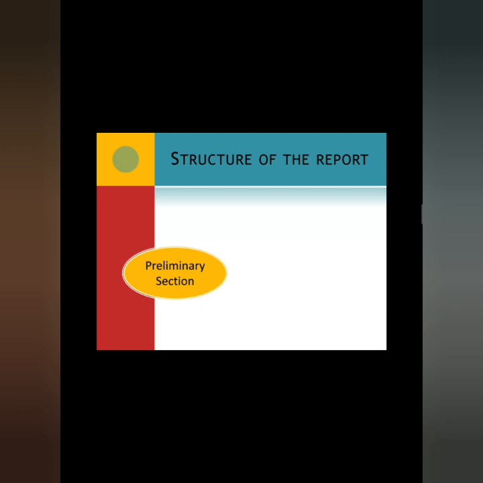So in the preliminary section, you will have this: the title page, the table of contents, list of figures, list of tables, list of abbreviations, list of symbols, and finally, the list of appendices. Okay, right? So this is the first thing you will see in your study report.